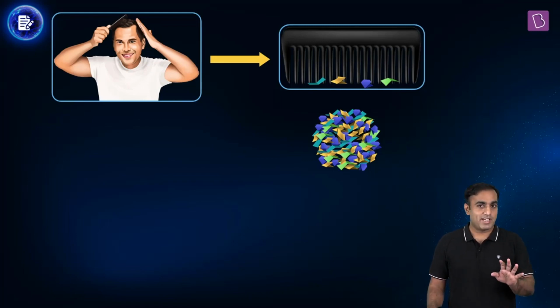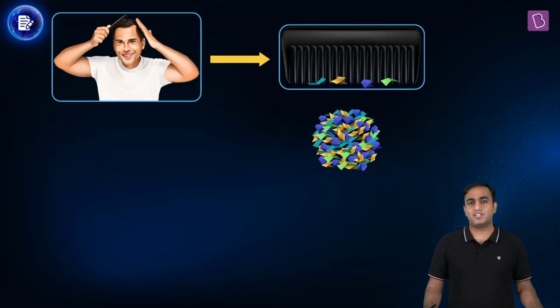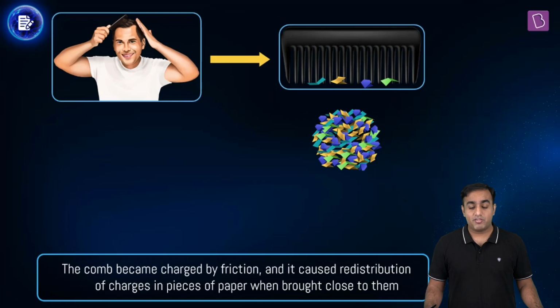We know that comb is negatively charged now. So, the opposite type of charge, which is positive charge, is induced on the nearer side of the paper. On the farther side, it will be negative charge. The effect is such that the pieces of paper will get attracted to the comb. That's what is happening here.